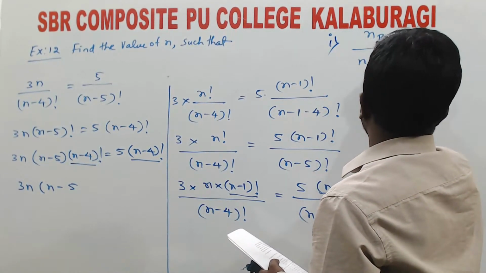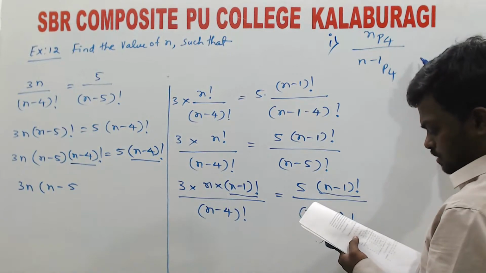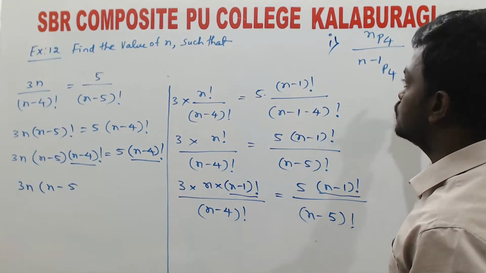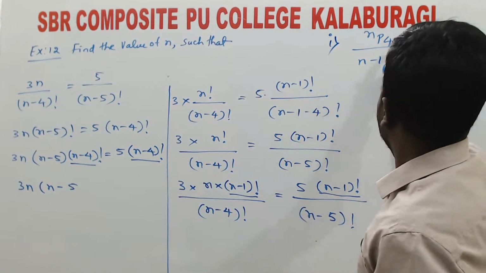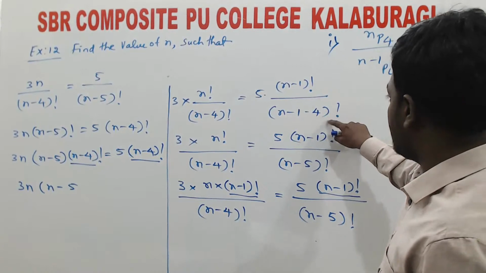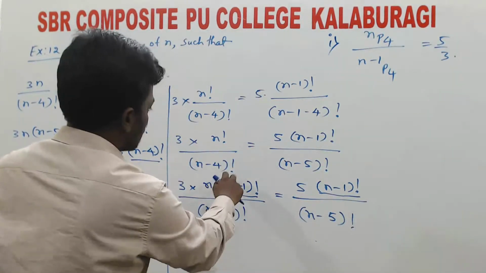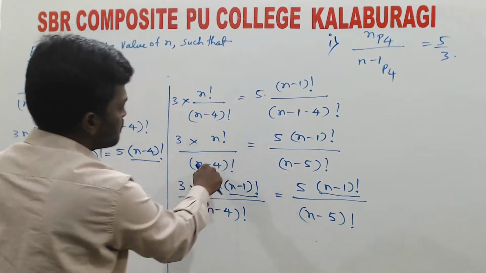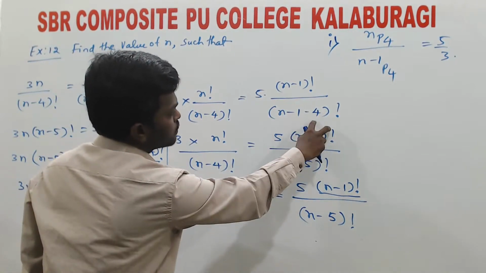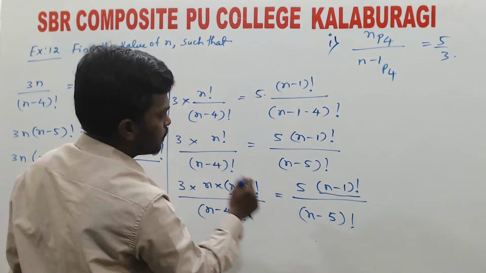nP4 by (n minus 1)P4 is equal to 5 by 3. Okay, so 3 nP4 equals 5 (n minus 1)P4. So n factorial by (n minus 4) factorial, and (n minus 1) factorial by (n minus 1 minus 4), that is (n minus 5) factorial, right?